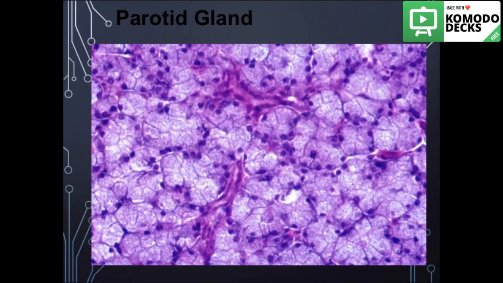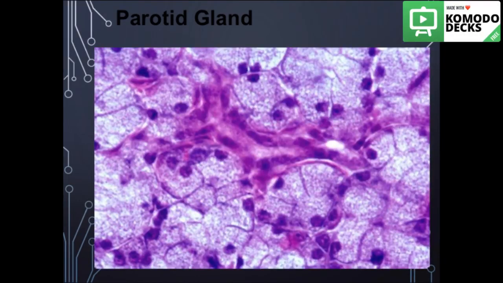Very obvious intercalated ducts in between, compressed in between the acini. Also a magnified view of the intercalated duct. We can see obvious in this magnification the myoepithelial cells around the acini and around the intercalated ducts.